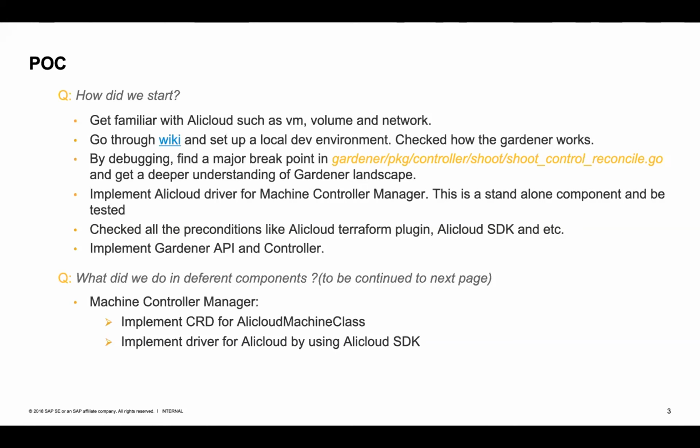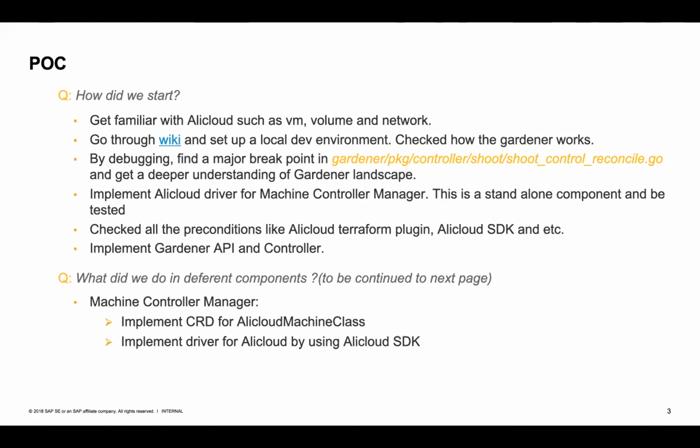Okay, then I would like to drill down into what we do in different components. First, for controller manager, because controller manager is an operator architect, you should implement the CRD first for Alicloud machine class, and then you should implement the logic part for the machine controller.